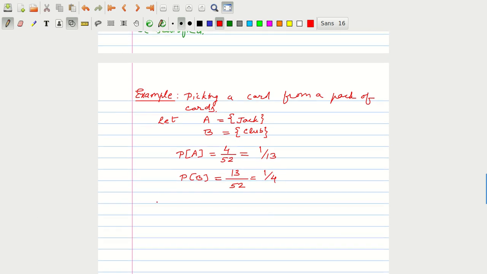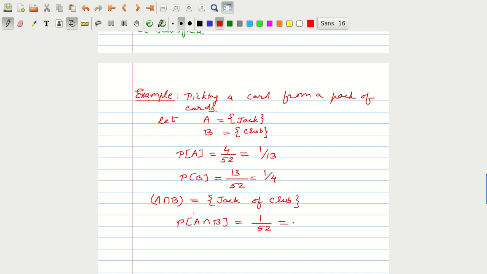Let us now look at the joint event A and B, A intersection B, which means a jack of club. Certainly there is just one such card in a pack of cards, so the probability is 1 by 52.